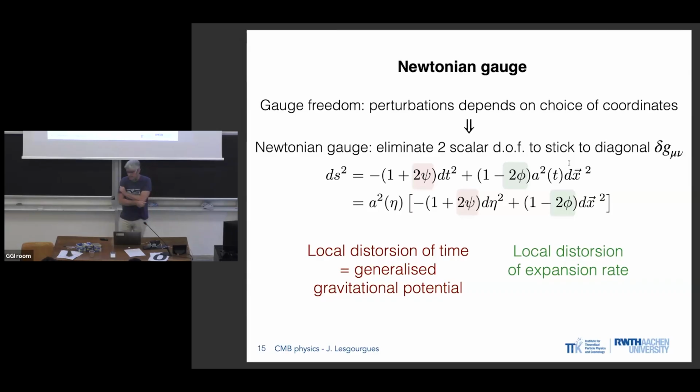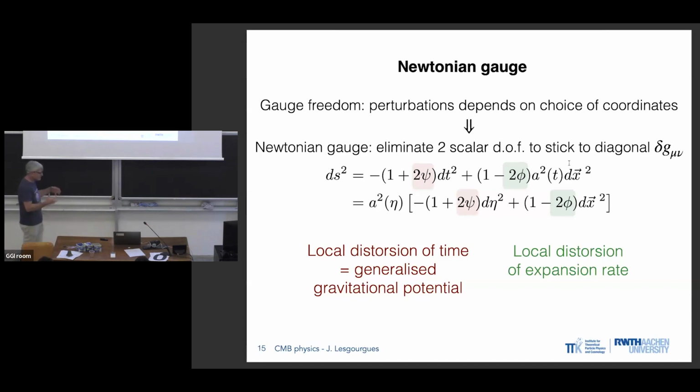This is very elegant. It adds some work, and it's not necessarily needed, because another thing you can do is fix a gauge. You make a clear choice such that only one coordinate system is compatible with your choice, or at least only one time slicing. And then you stick to this choice.